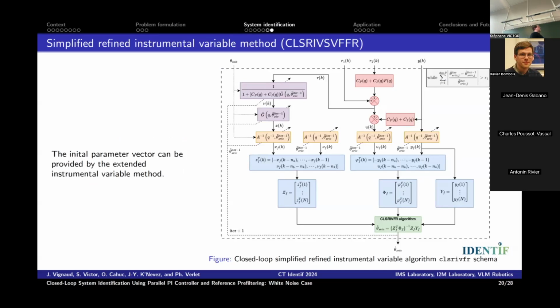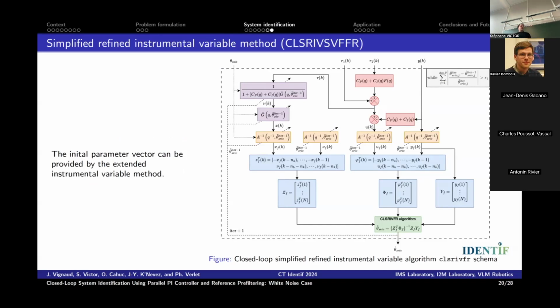So this algorithm is quite the same. However, in the prefiltering data, in the orange boxes, they depend on the previous parameter vector found in the previous iteration.